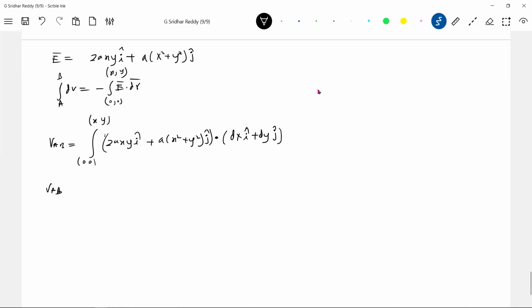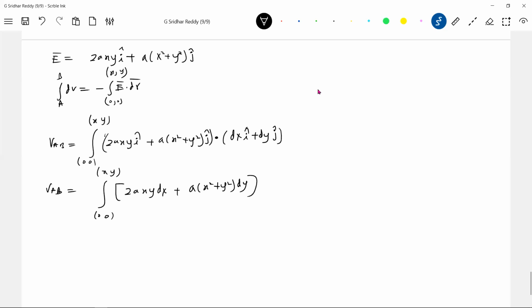The potential difference VAB will become the integral of 2axy dx plus ax square y square dy.